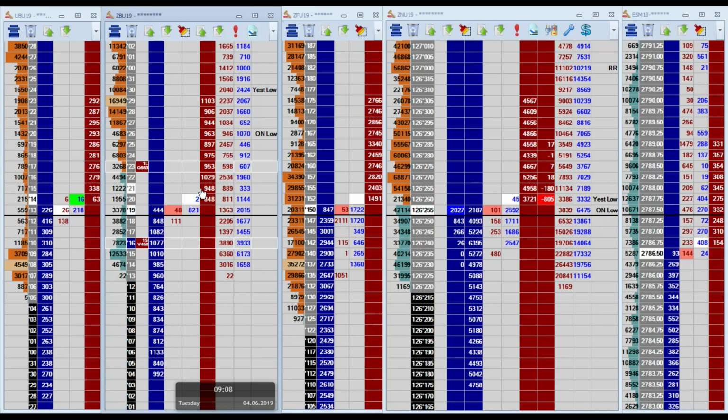I'll put that there. It's one tick above the shelf. If we get to that level, I'll be happy, especially on a day like today with this context.